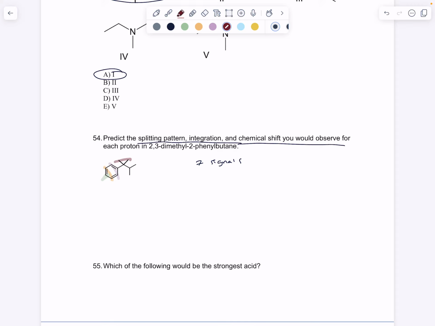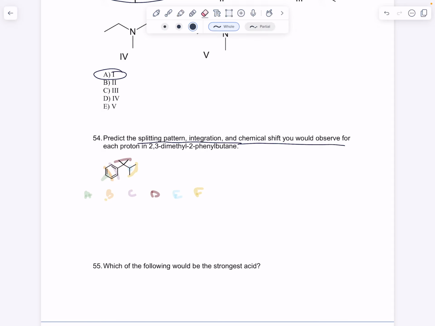And then there is a hydrogen right here. And then this one color. Okay. So we have A, B, C, D, E, and F. So 1, 2, 3, 4, 5, 6 signals. So I may have counted wrong initially. I think I maybe put a signal right there when there wasn't one. So I'm seeing 6 signals.